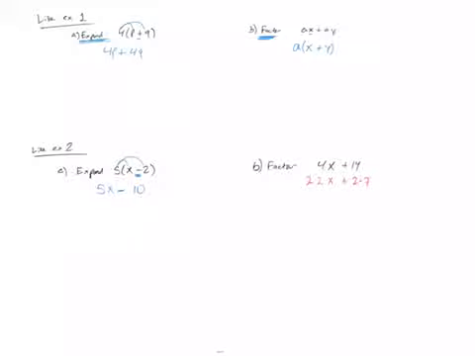And now you can kind of see here, they both have that 2 in common. So I'm going to write that 2 on the outside, and what's left over, we're going to write on the inside. So parentheses, what's left over up here is 2x, plus what's left over here is 7. And again, if you distribute that 2 back in, that would give you back this original expression that you were given.